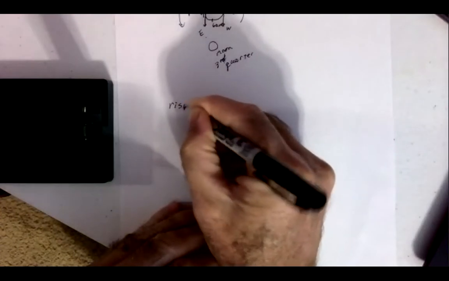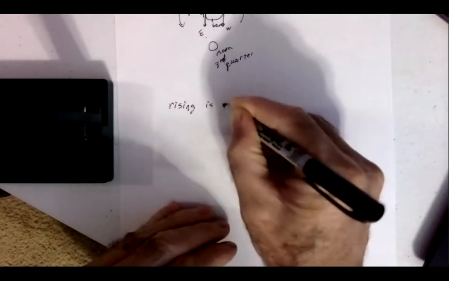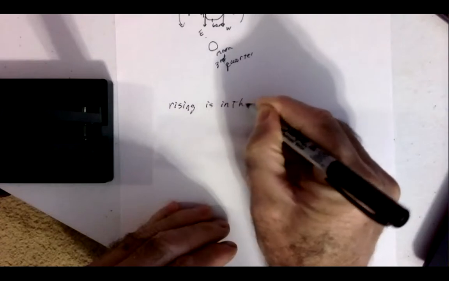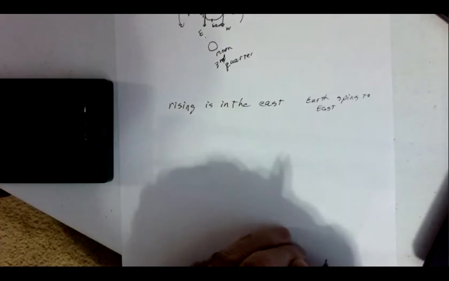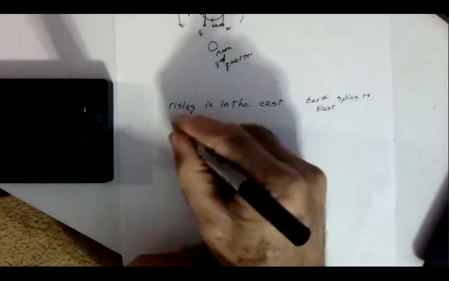Everything rising is in the east because that's the direction the Earth rotates. The Earth spins to the east. Everything rises in the east and sets in the west.